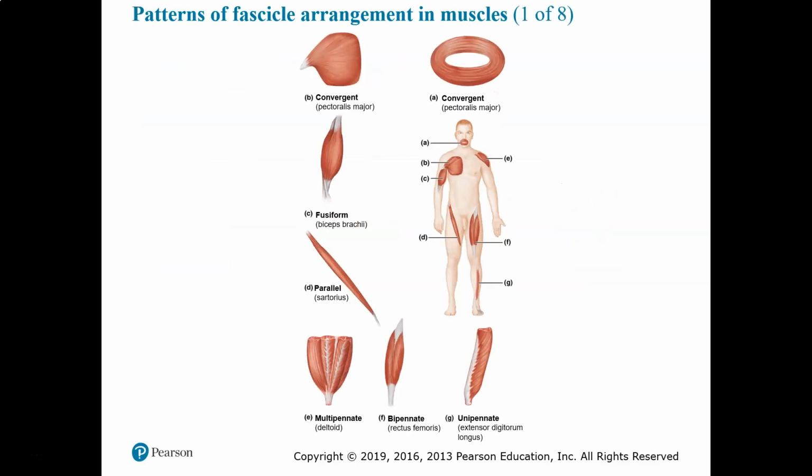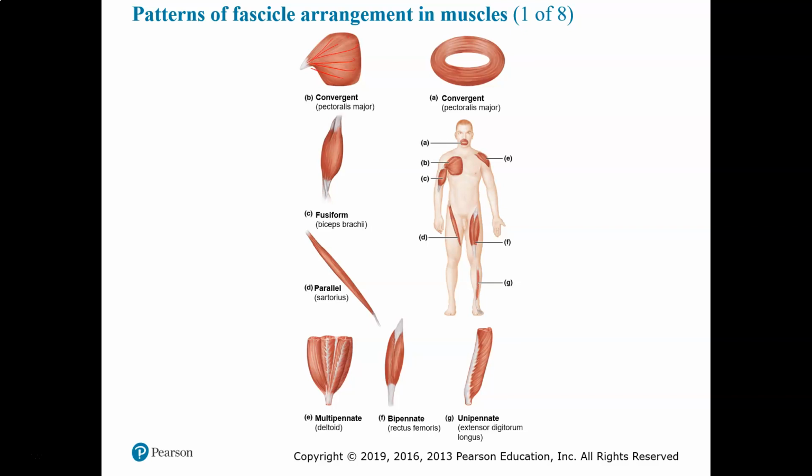Here's some pictures. The pectoralis major is a convergent. Convergent ends up looking kind of like a fan. You see how the fibers are arranged kind of like a fan. There's fusiform. The biceps brachii is fusiform.